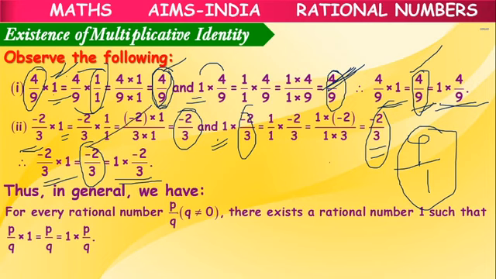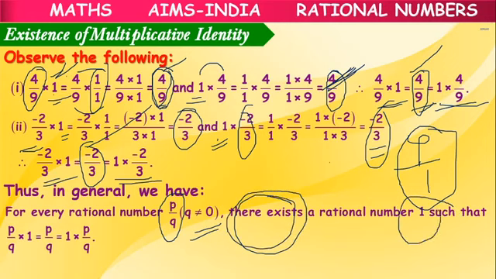So if we have a rational number P/Q where Q is not equal to 0, there exists one rational number 1 such that if you multiply the rational number with 1, or 1 is multiplied with the rational number, the result will be the same. The given rational number does not change its identity. By multiplying with what number is the identity not changing?